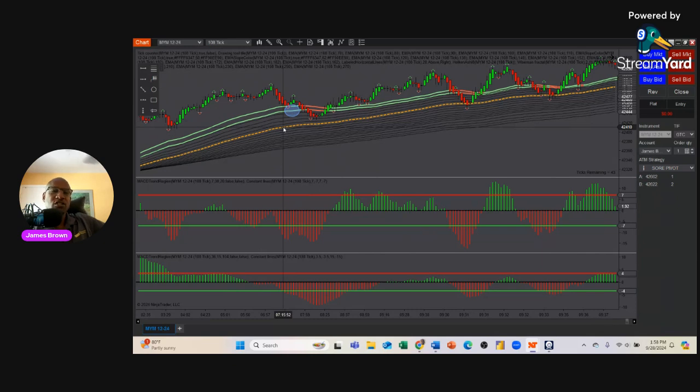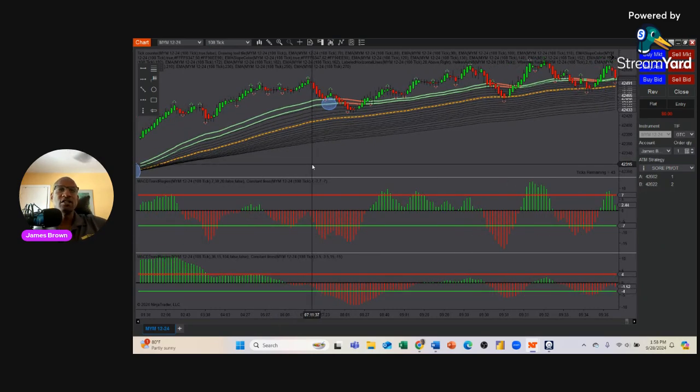Once it gets to the 50 exponential moving average, I then go down to the MACD. I look at the fast MACD, the 7, 20, and 30, and ask, what is it doing? In the other videos, the quick MACD, from here to here, is negative.